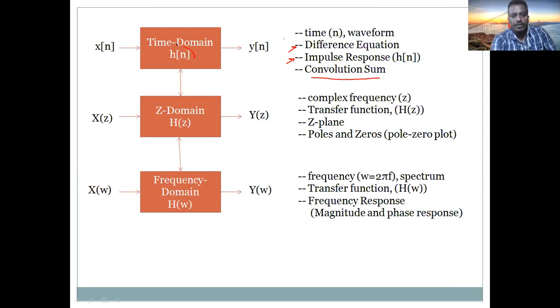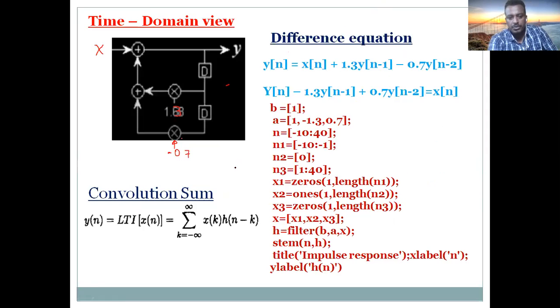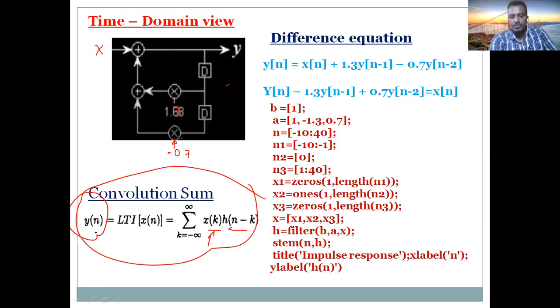If you know h of n, for any input you can calculate the output by using the convolution sum formula, what you can see here. The convolution sum formula is the formula where the input is given and h of n is given, and for any arbitrary input you can determine the response of a system. Let's see this in MATLAB.